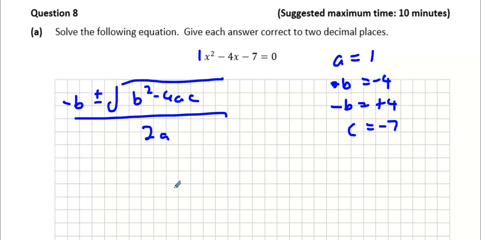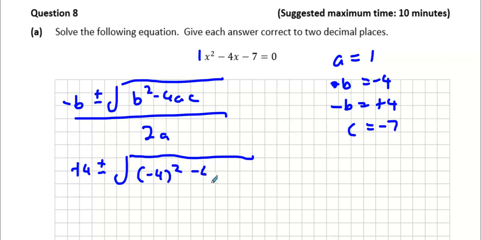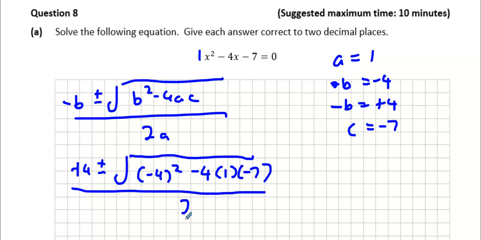Put it into the calculator, and we're going to get plus 4 plus or minus the square root of b squared, which is minus 4 squared, minus 4 times a times c, all over 2a.